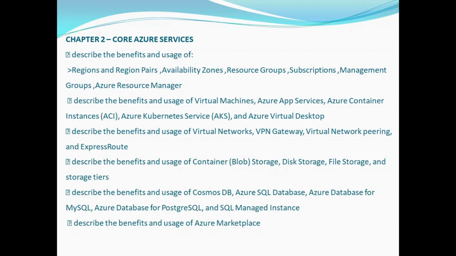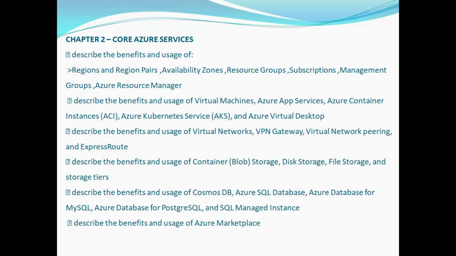Also, it contains the benefits and usage of virtual machines, Azure App Services, Azure Container Instances, Azure Kubernetes Service, and Azure Virtual Desktop. And then virtual networks, VPN gateway, virtual network peering, and ExpressRoute.